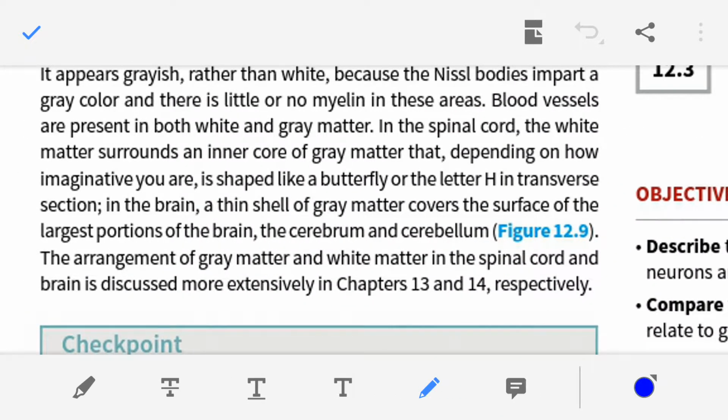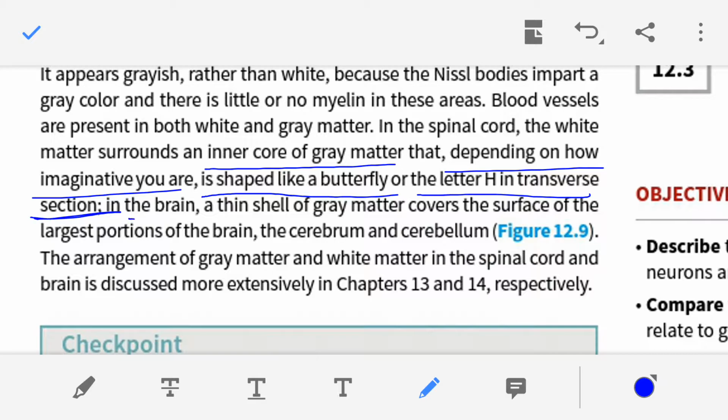See, the inner core of gray matter, depending on how imaginative you are, is shaped like a butterfly or letter H in transverse section.